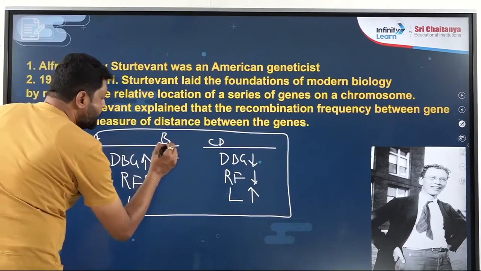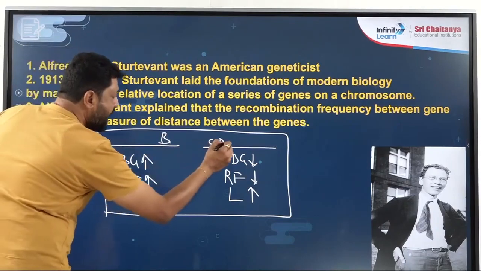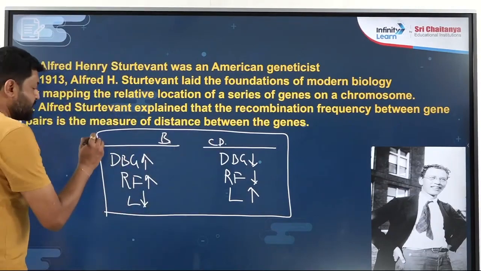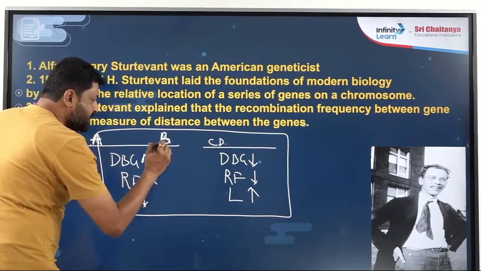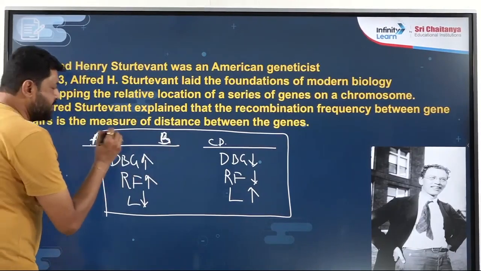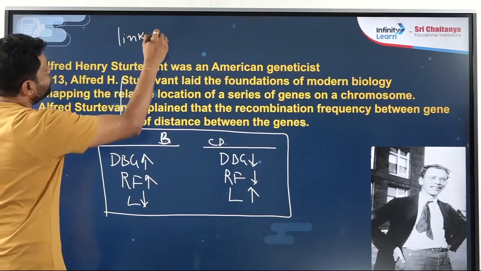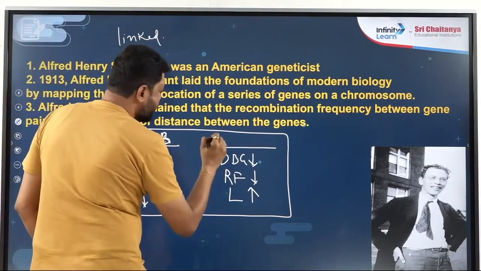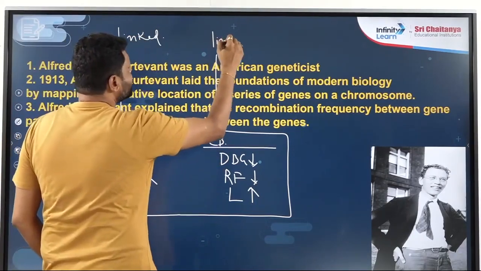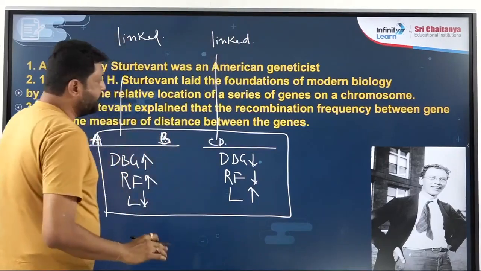Whether they are distantly located or closely located, they are present on the same chromosome. Hence, these two genes are said to be linked, and these two genes are also said to be linked. What is the difference?